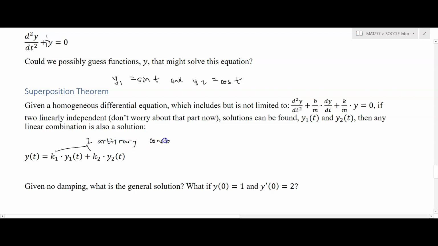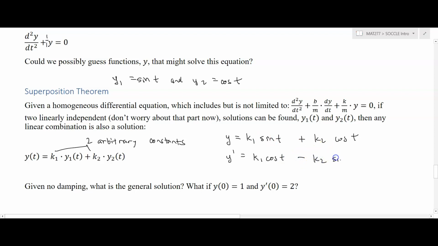And just to provide insight into this, according to our solution, our general solution would be k1 sine of t plus k2 cosine t. And how do we know that that's a solution to this equation? Well, we'd have to compute its second derivative. k1 sine of t, its derivative would be k1 cosine t. And remember, k1 and k2 are just constants.